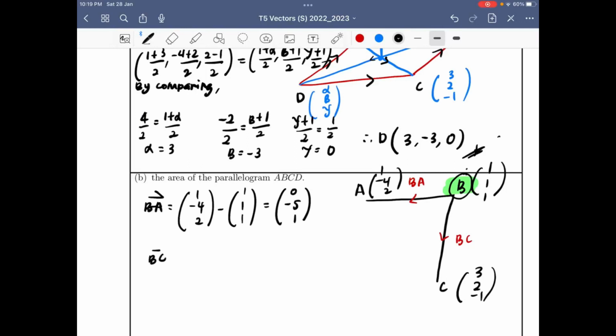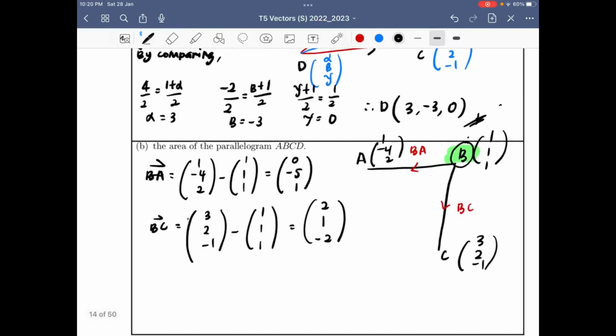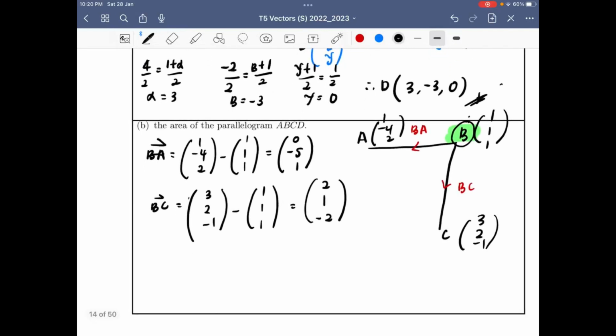And then BC is C minus B. Okay, 3, 2, -1, minus 1, 1, 1. We get 2, 1, and then -2. Okay, now we need to find the cross product of BA and BC. BA cross BC.